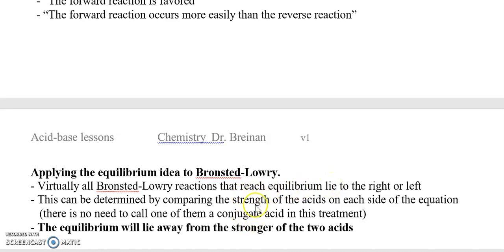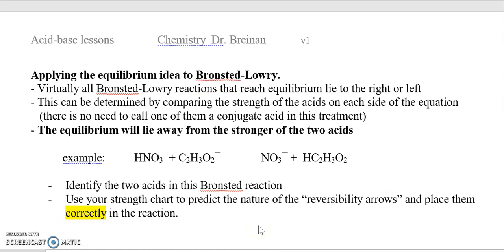And the first point that we want to make from this is that we can actually determine which side the reaction lies to by comparing the strength of the acids on each side of the equation. Remember, in a Bronsted Lowry theory, there's an acid and a base on each side of the equation. And this is how we'll use that information. We'll look at this in more detail down below, but the equilibrium will lie away from the stronger of the two acids.